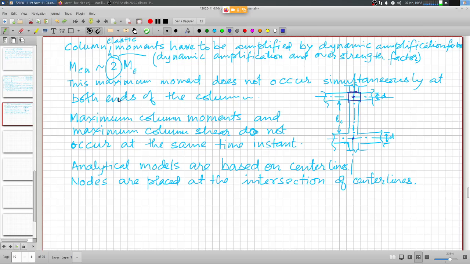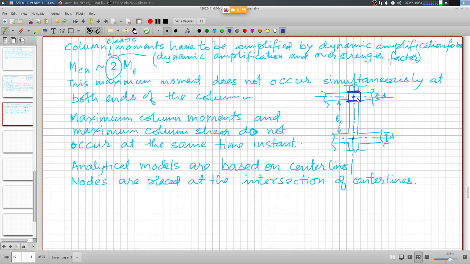So whatever is the maximum moment that you are computing here, it has to be reduced by some amount to find out the maximum moment at the base of the column, at the top level of the beam, or at the soffit of the beam, as it is known.